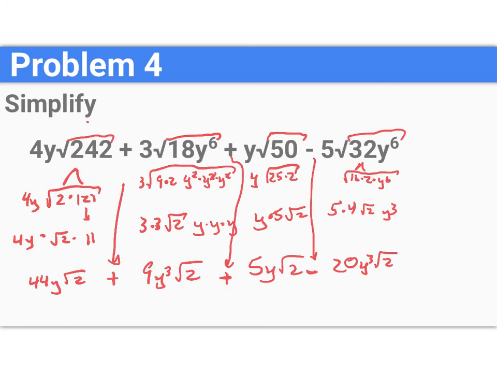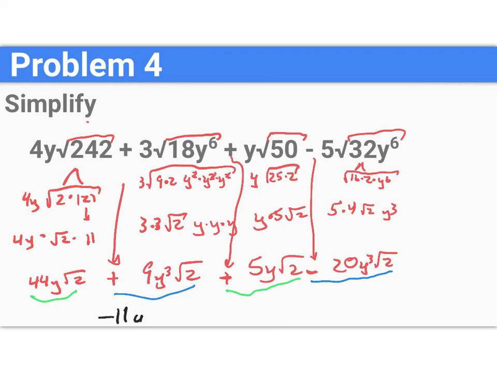We got 2y cubed minus y cubed plus 9y cubed, and we have 2y's plus 5y and 44y. Okay, our y cubes are higher, so they're going to be written first. And 9 minus 20 becomes negative 11.